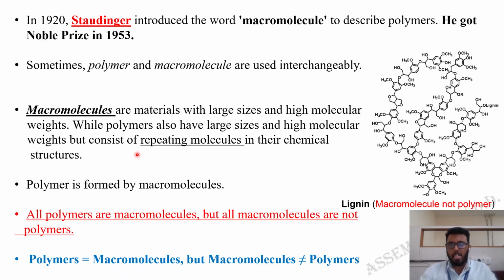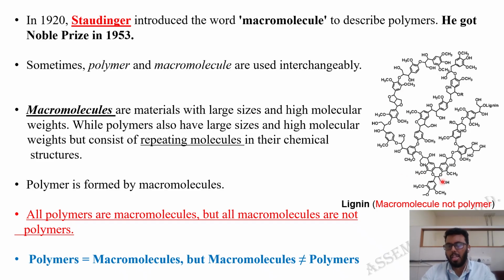Macromolecules are materials of especially large size. Look at this one. The structure on your right is a macromolecule. It is not a polymer. It is lignin, which is derived from natural wood. Can you see this aromatic skeleton? This structure has a lot of repeating units like OCH3, ether bonds are present, and also COCH3 and methoxy groups are present.